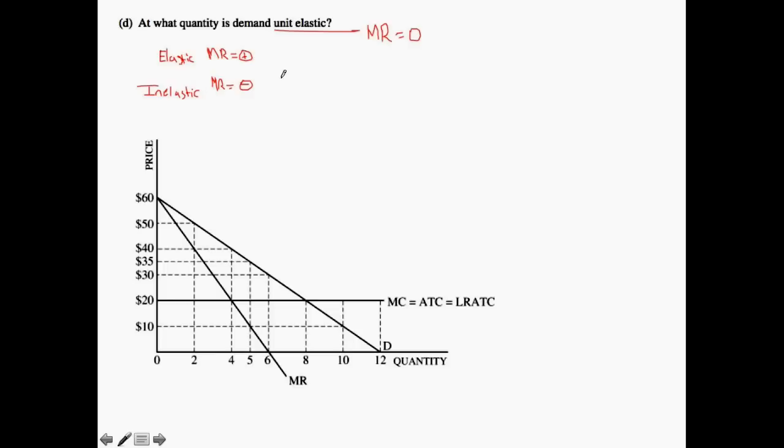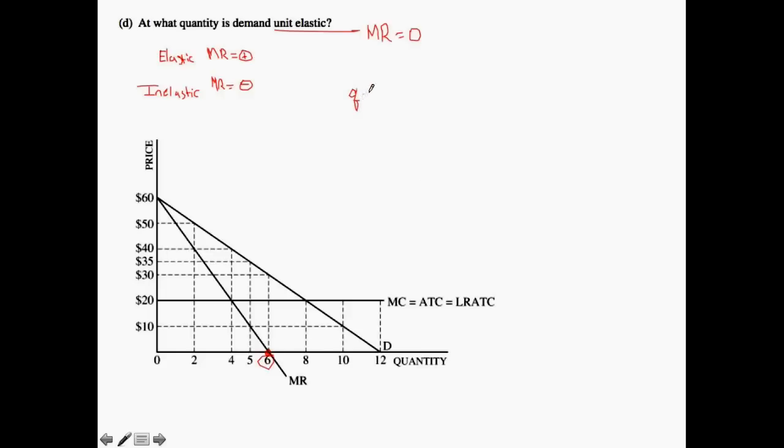So as you work through these questions, if they ever ask you for where it's demand unit elastic, you are looking for where marginal revenue is going to equal 0. Because that would be the situation in which you have a demand curve that's perfectly responsive to a change in price. So let's look at where marginal revenue equals 0. Marginal revenue will intersect the horizontal axis at Q equals 6, and therefore that's our answer.